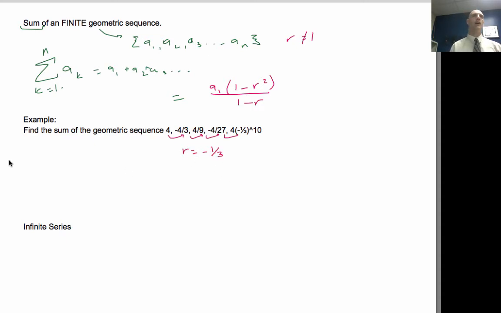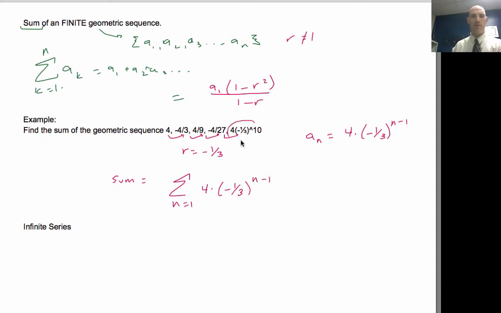And so when I go ahead and put this into my formula, the sum is equal to, from n equals 1, and my terms, so a sub n is equal to a sub 1 times my common ratio to the n minus 1, right? So I've got 4 times negative 1/3 to the n minus 1.